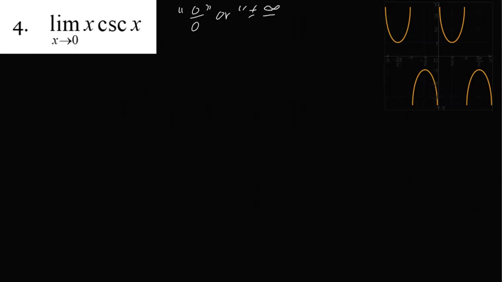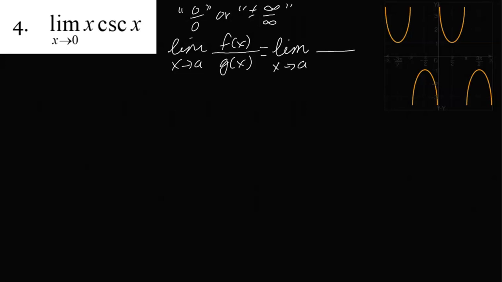The rule says that the limit as x goes to a of the function f of x divided by the function g of x is equal to the limit as x goes to a of the derivative of the numerator divided by the derivative of the denominator.